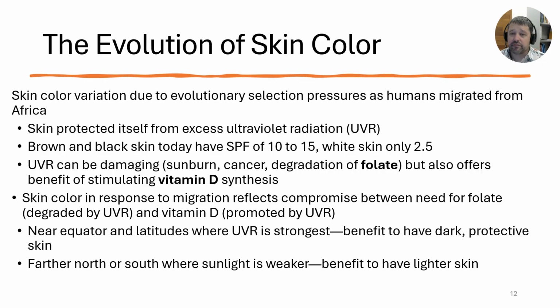So when we look at the evolution of what's going on, if you evolve in an environment where there's lots of UVR, maybe you're looking at regions where no matter what the season is, there's always good ultraviolet radiation, then you need a higher protection, a higher SPF, because you live in that region.